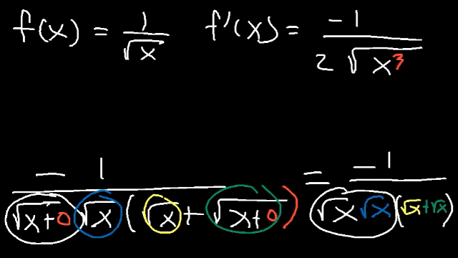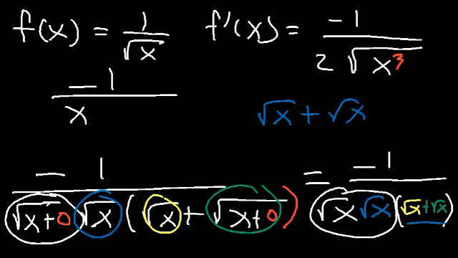So radical x times radical x, that's going to become x. Now the square root of x plus root x, what is that? This is 1 root x plus 1 root x, which is 1 plus 1 is 2. So on the inside we have 2 radical x.